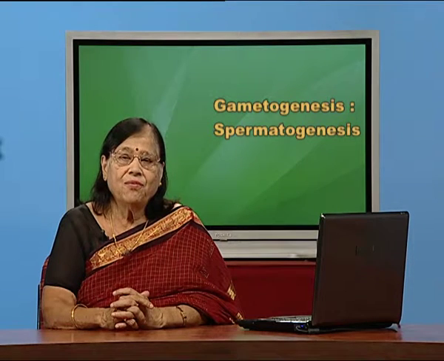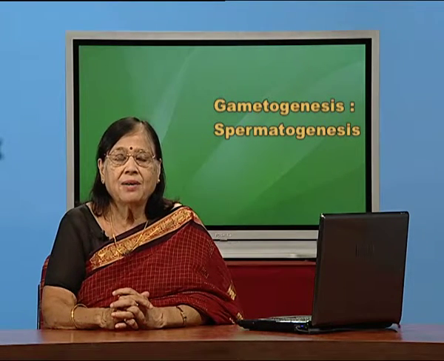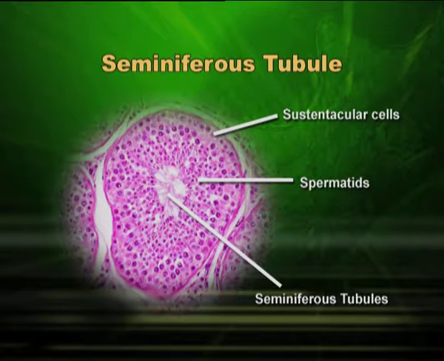Try to imagine that this spermatogonia was present in the seminiferous tubule. You can see in this slide a cut portion of a seminiferous tubule, and spermatogonia is present near the periphery, taking part in meiosis, dividing, producing primary spermatocyte, secondary spermatocyte, spermatid, and you can see some sperms in the center of the lumen.